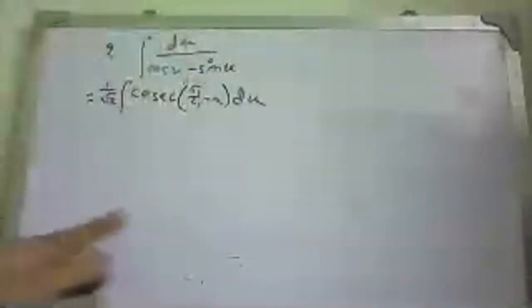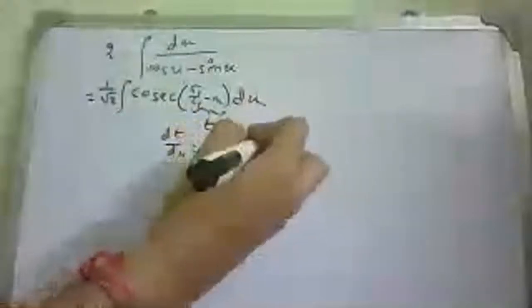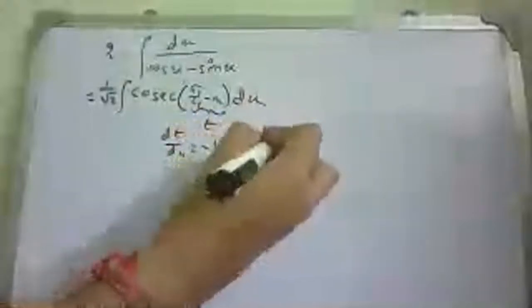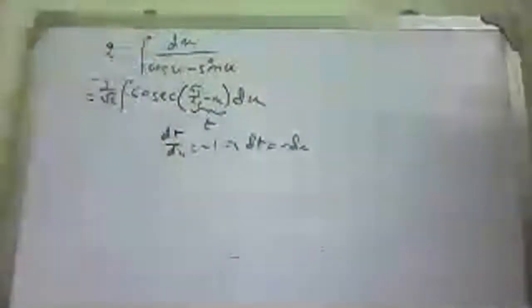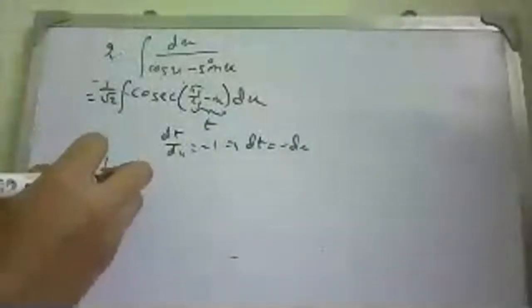We can assume that this particular thing is some t, then dt over dx is minus 1. So dt equals minus dx. So we can just deal with the minus. So we have minus 1 over root 2.